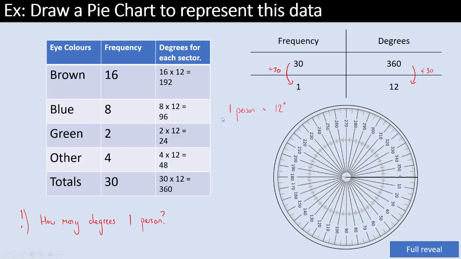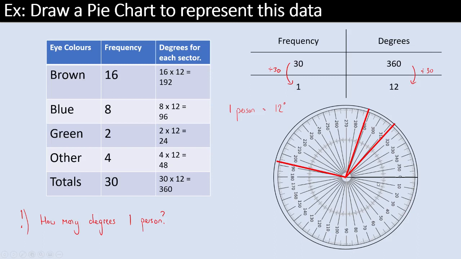Okay? See how knowing what one person is makes this thing a heck of a lot easier. Okay? And they should add up to make 360. They should. Okay? Bit hard to show you on the computer, but if you're drawing this pie chart out, we'd then just measure each section, okay?